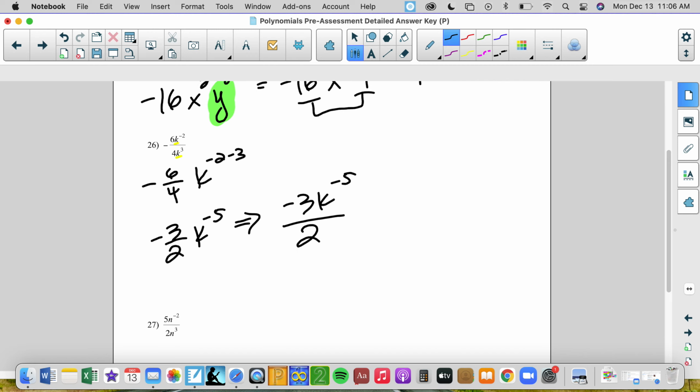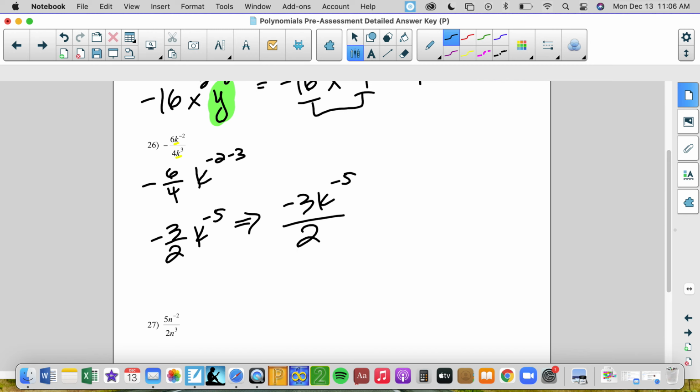In order to get rid of that negative exponent, we're going to change it to a positive 5. And when we do that, we're going to take that base and move it into the denominator. You change the sign of the exponent, you change the location of the base. And that was the base of that negative exponent.